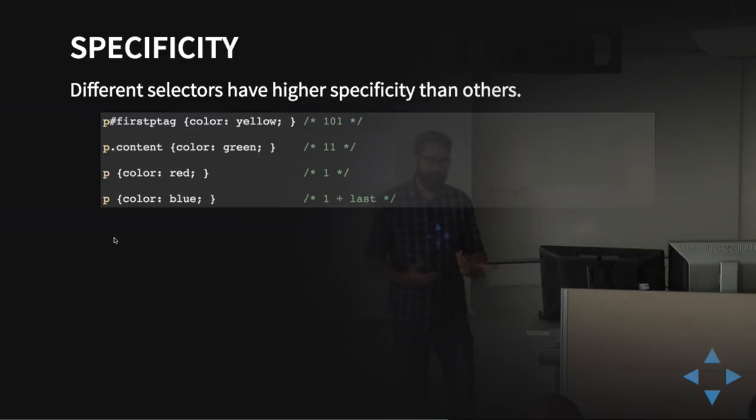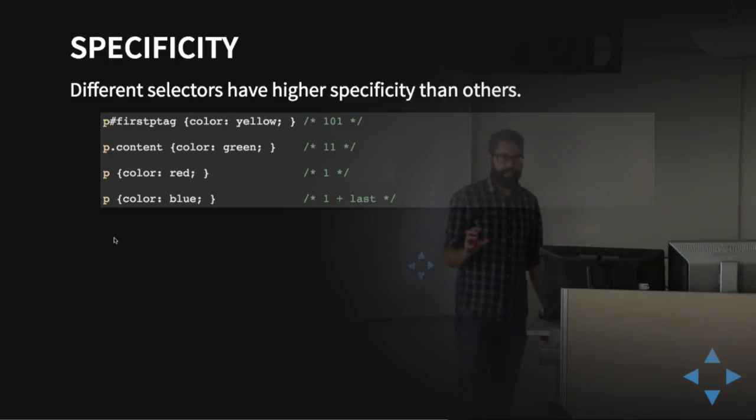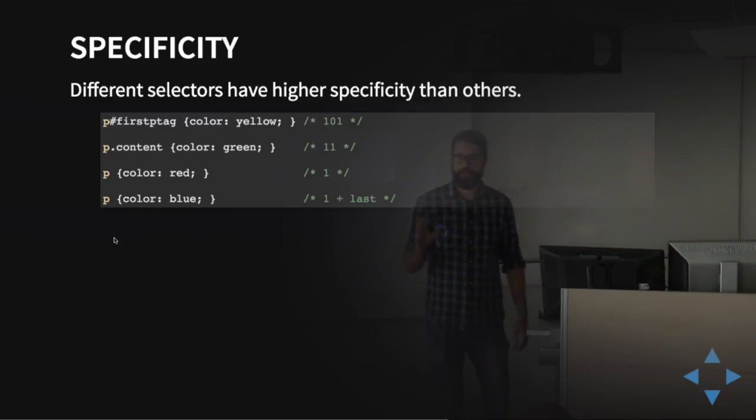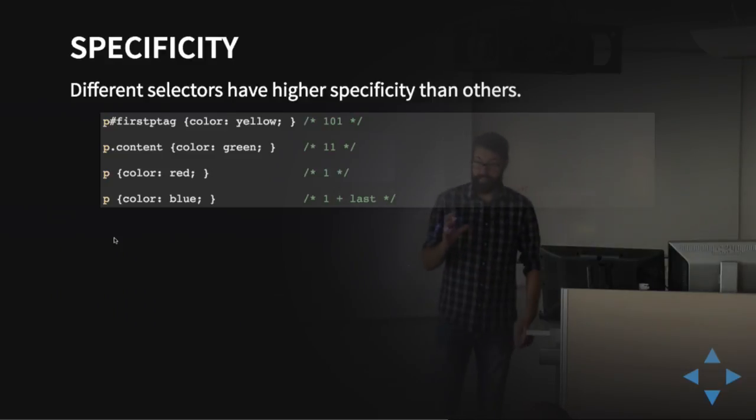And we can illustrate this by giving some selectors the value of 100, some 10, and some a single 1. If you're using the ID selector, that is the most important one. It will get a specificity of 100.